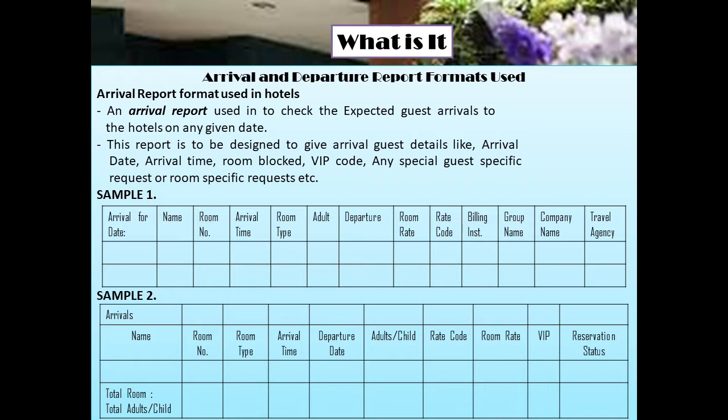For sample number 2, we have the arrivals and then the name, followed by the room number, room type, arrival time, departure date, adults or child, rate code, room rate, VIP, reservation status. And then at the bottom, you will see the total room and the total adults or child.